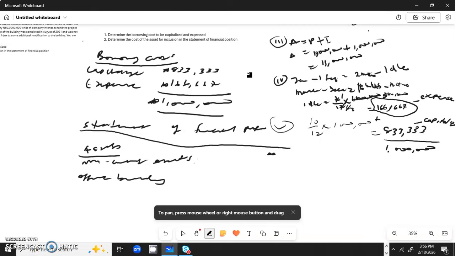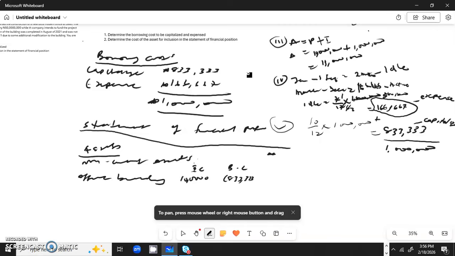So we have the cost. That will be the initial cost and the borrowing cost. The initial cost is 10 million of bond, and the borrowing cost is 833,333.